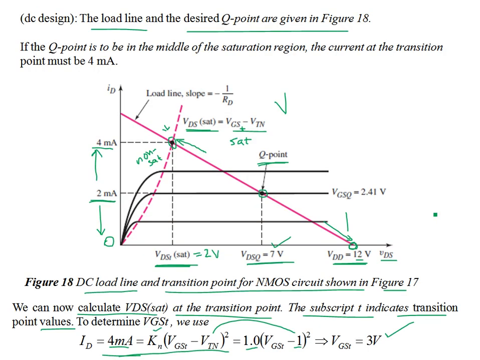So you have 2 parameters from which we can find the biasing resistances R1 and R2, and then RD. This is the point of intersection of the DC load line and the IV characteristics, exactly in between the non-sat region and the cutoff region.